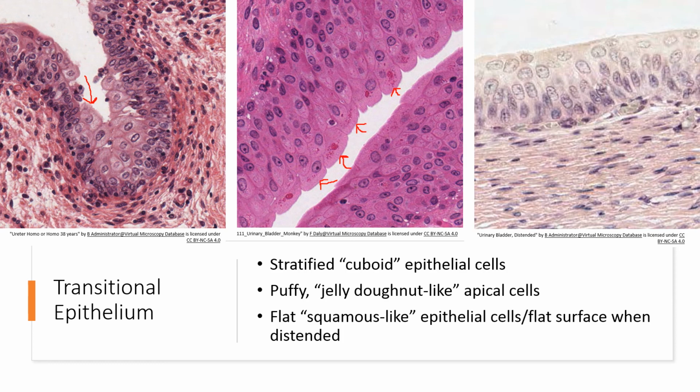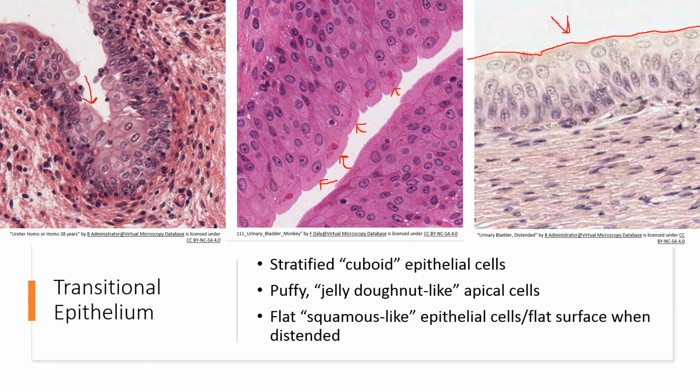So the left two pictures on this slide show you the unstretched version of this tissue. The one here on the right shows you the stretched version, the distended version. So you can kind of see how the cells go from being puffy, like on the left side of the slide, and they kind of flatten out on top here on the right.